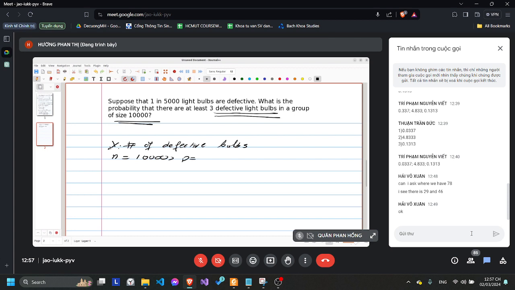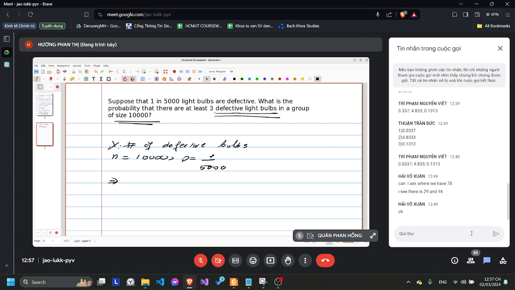And p is the probability of getting 1 defective bulb, and this is written as 1 over 5,000. Okay. So it's very clear that here in S we are counting the number of defective bulbs among the sample of n bulbs.